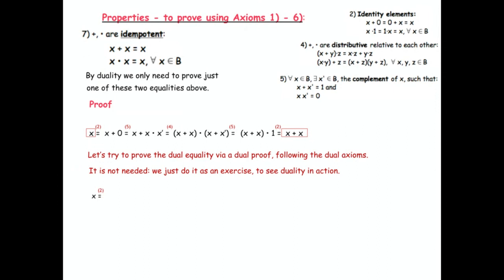Okay, so we start with the X again. We're going to use the second axiom to unfold it into X and 1, same thing.